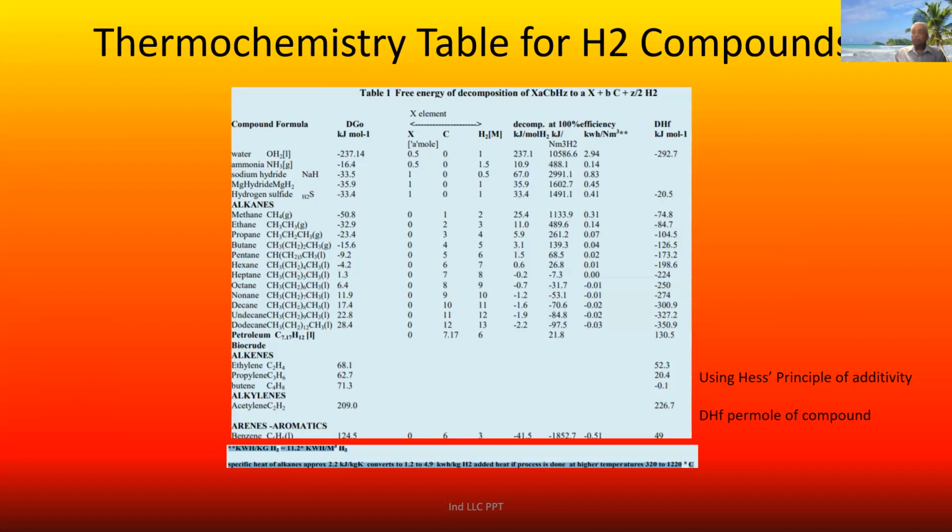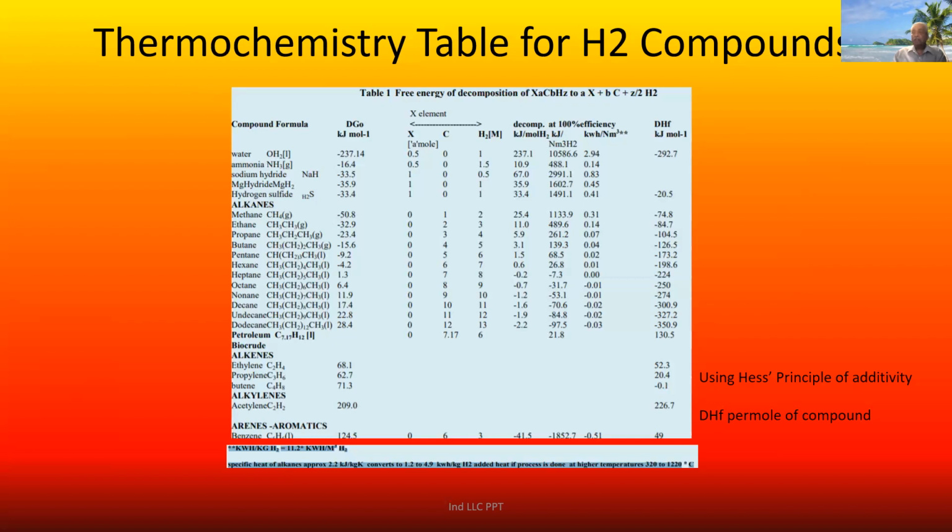In the last column, we show the heat of formation of the compound shown in column 1. Here, you can see the heat of formation of water is 4 times the heat of formation of methane, which is a stable hydrocarbon. As you go down in the alkane series, you find the numbers increasing.